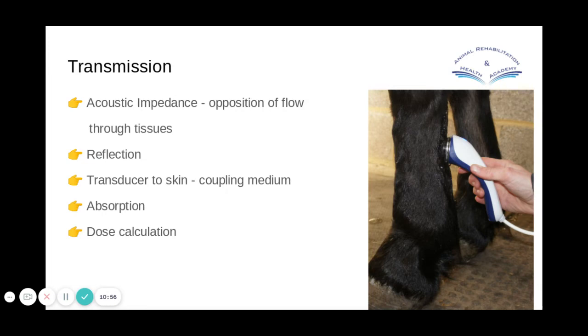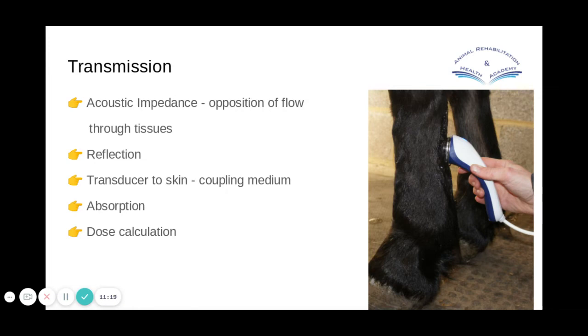What we're looking at when we're applying ultrasound, what we would ideally want is that if we're going from one tissue to another, or in fact one medium to another, it doesn't have to be a tissue, we would want the impedance to be as similar as possible. And that would mean we wouldn't get much disturbance, it would flow through. Now, obviously, we can't dictate that.